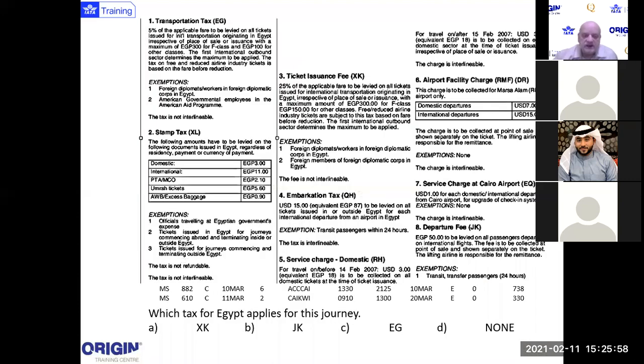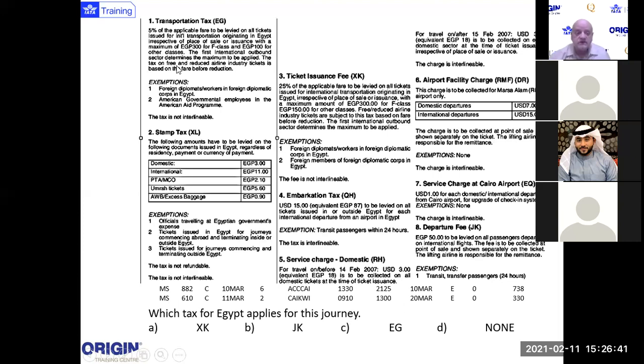Let's have a look at this one. Here's tax for another country. No, I can't read the top line here, but it says 5% of the applicable fare is to be levied on tickets issued for international travel originating in Egypt. Tell me, does this ticket originate in Egypt? No, in this case, it originates in Accra.